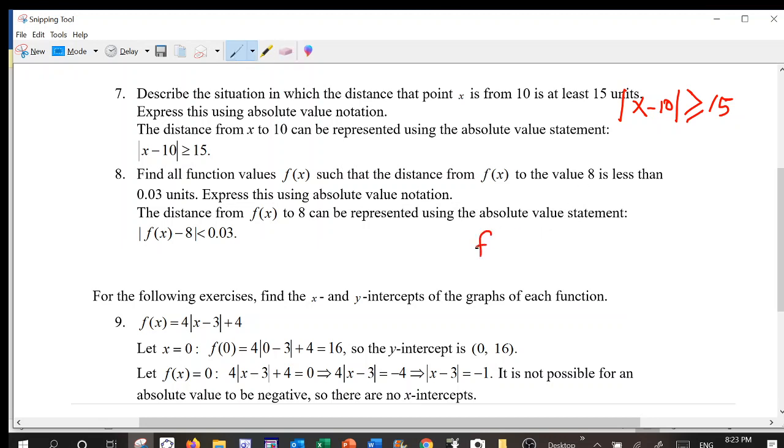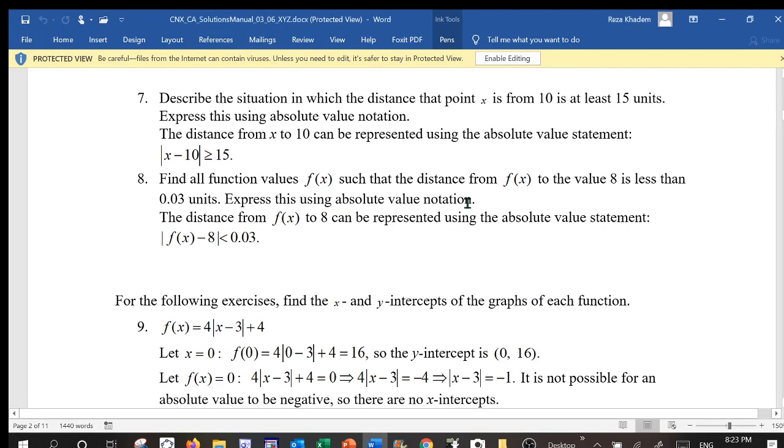So we need to write the absolute value of f of x minus 8, the distance between f of x and 8, has to be what? Less than 0.03. That's it. That's how you do that. All right. So that's number 7 and 8.